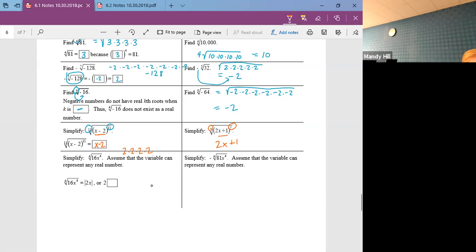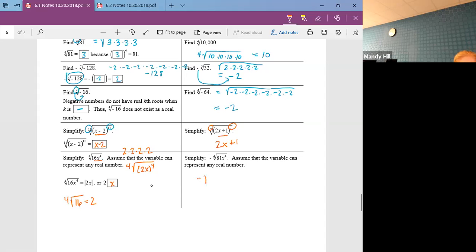So I could rewrite this as the 4th root of 2x to the 4th power, which would tell me that my answer is 2x. You could also take, in your calculator, the 4th root of 16 and get 2. And then you know it's x to the 4th, so that's x times x times x times x. That would be enough to make that 4th root.